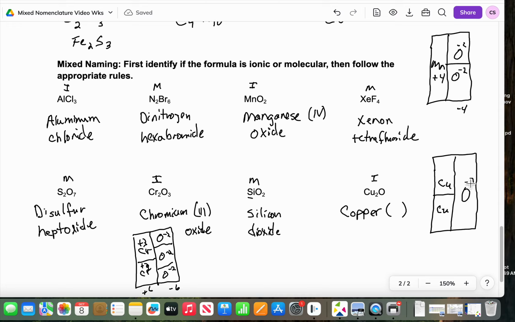You know that oxygen is -2, for a total of -2. So each copper must be what number, with 2 of them adding up to +2? Each is +1. So it's copper Roman numeral 1, because the Roman numeral, remember, is the charge. And then oxide.